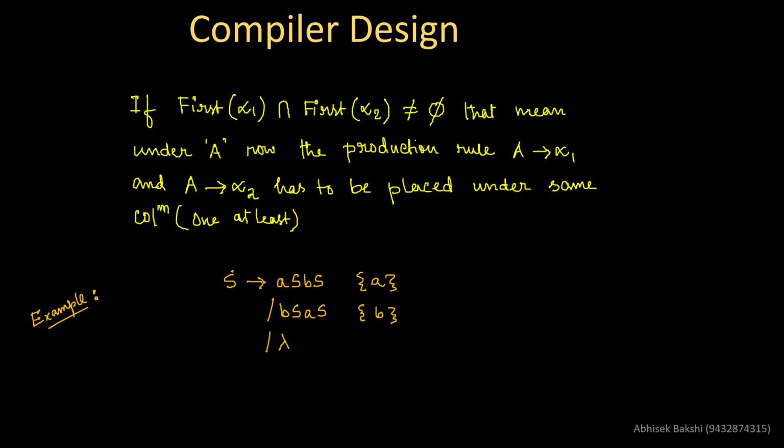And what is follow of S? In this production rule, you will see that follow of S is dollar because S is the start symbol. But in this second production rule, S is also followed by B, and in this production rule S is followed by A. That means S to lambda, you will put in A, B and dollar.